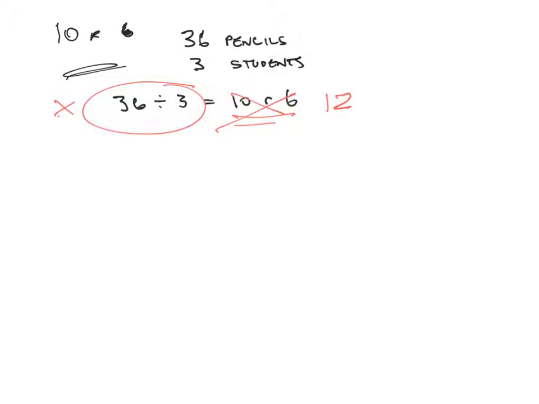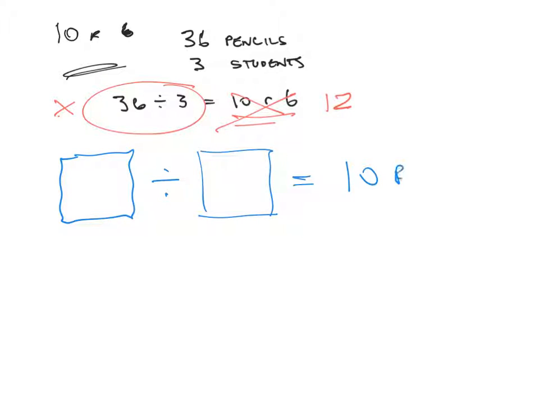Another way of looking at this is, if I have this number here and I divide it by some other number here, it's going to give me 10 remainder 6. These would be 2 different numbers in here. What is going to give me that?